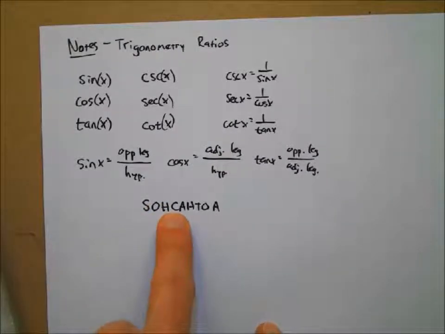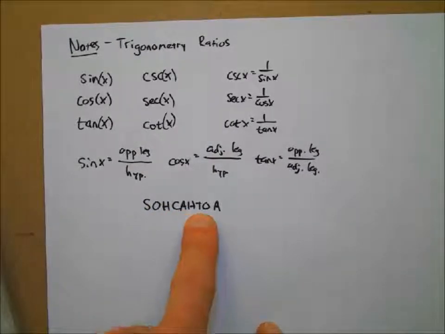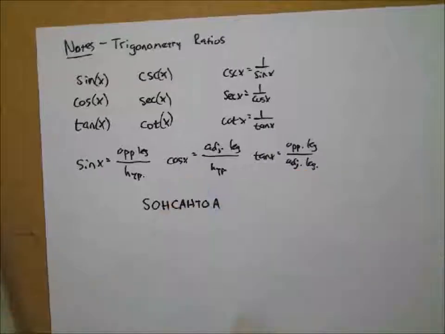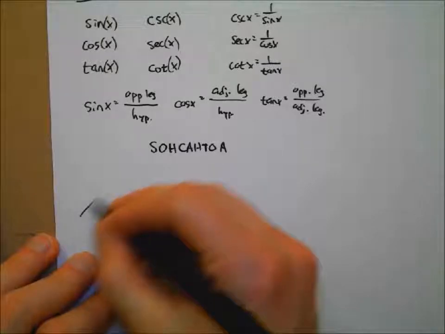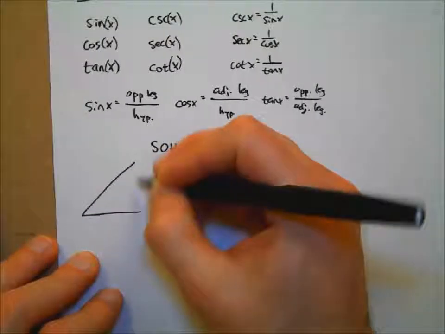Cosine is adjacent leg over hypotenuse. Tangent is opposite leg over adjacent leg. So what these trig ratios, these trigonometric functions, do is they relate an angle in a right triangle to a ratio of some of the sides in that triangle. That's how you guys use those, and that's how we're going to look at them for a few problems here real quick.